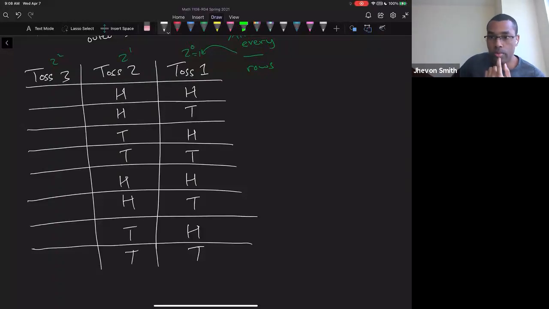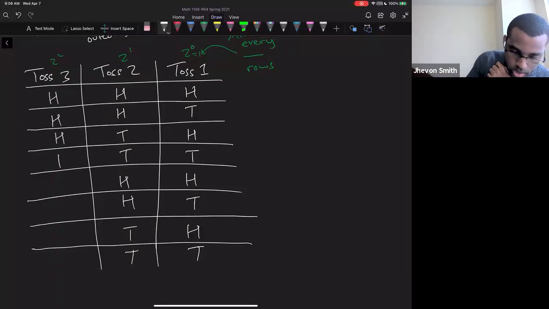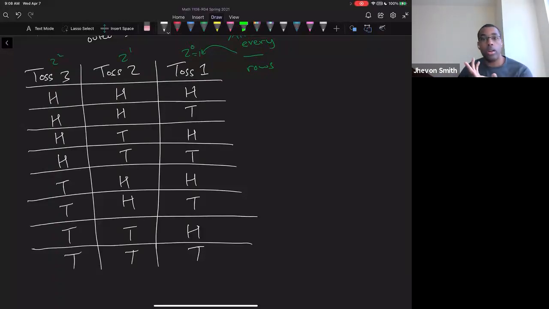Alternate every 2. In the third column, I'm going to alternate every 2 squared rows, every 4. 1, 2, 3, 4, 1, 2, 3, 4, and so on. Now, this table, as written up this way, represents all possibilities.